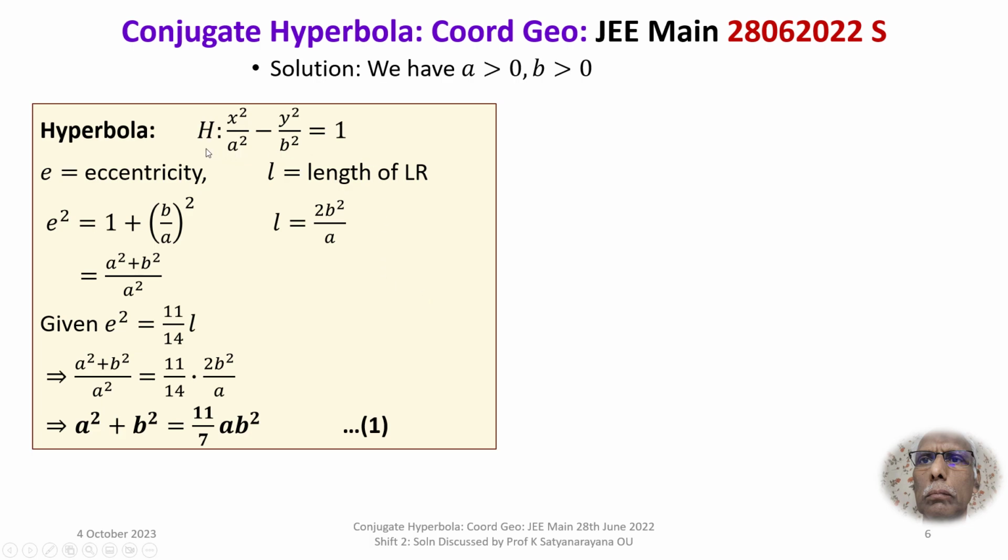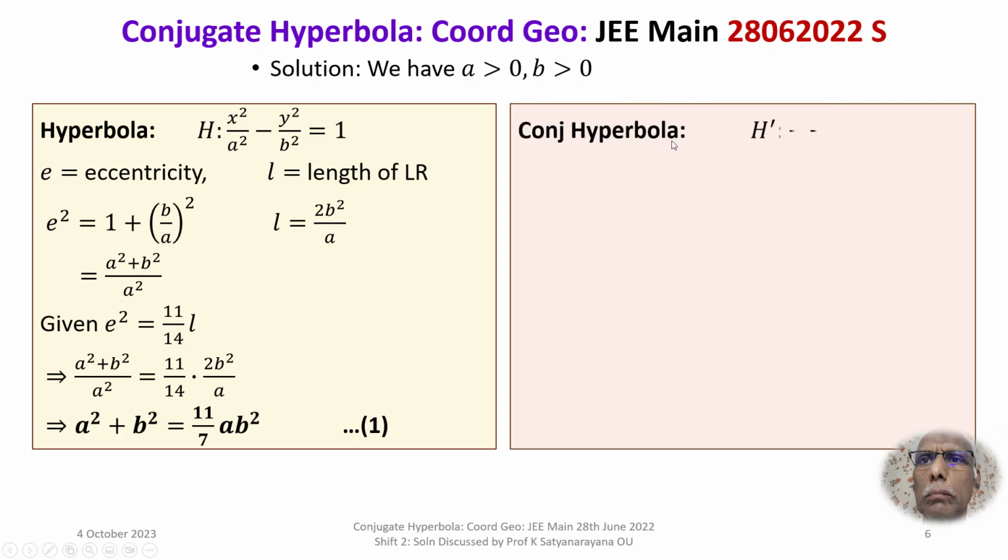And now consider the conjugate hyperbola of this hyperbola. So the conjugate hyperbola H prime is minus x square by a square plus y square by b square is equal to 1. This is the conjugate hyperbola.